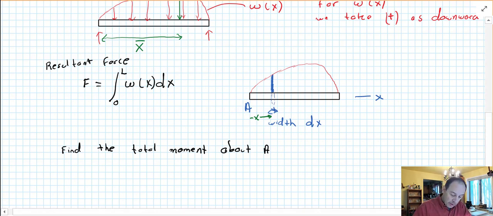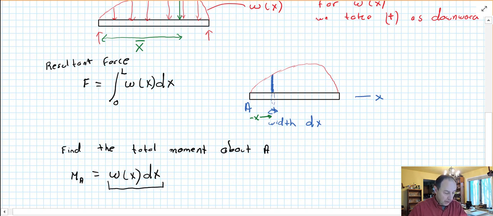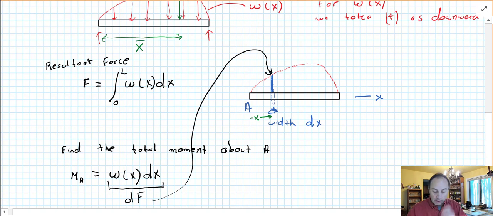So the moment about A is going to equal the load function dx. Okay, so this right here is the differential of force. Okay, this little blue area.